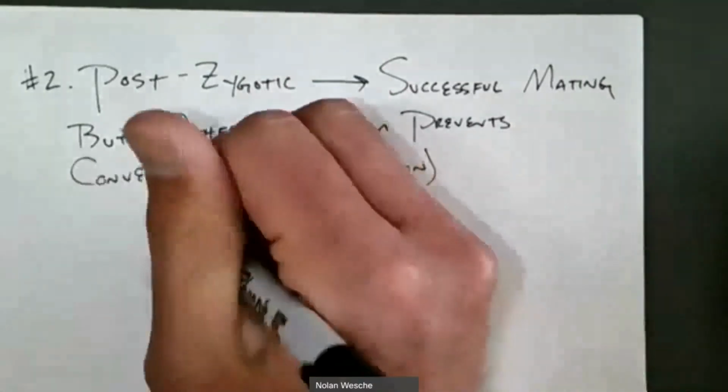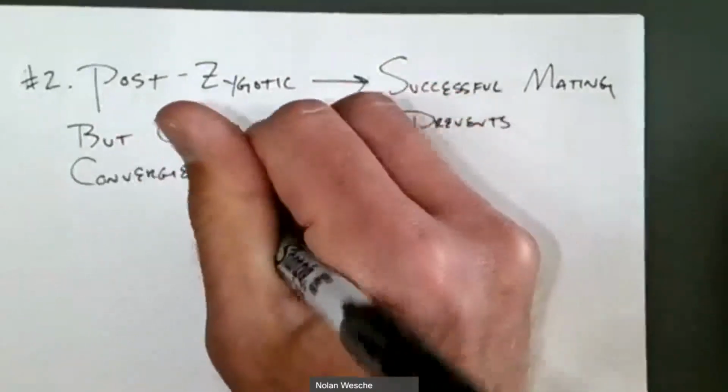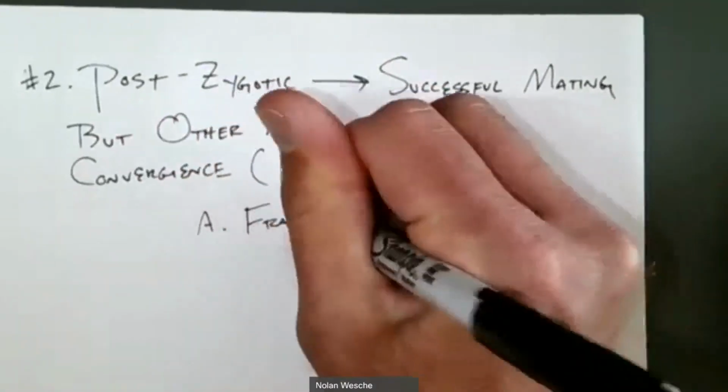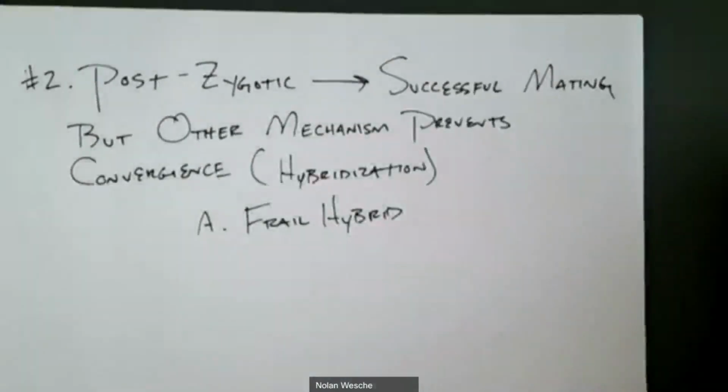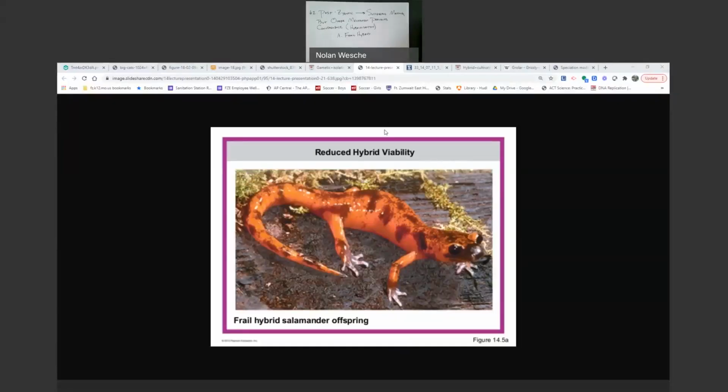The first one we're going to look at here is called a frail hybrid. So here we have this salamander, and it's the offspring of two different species of salamander. When they breed, they do produce this offspring, but it's frail and it fails to thrive.